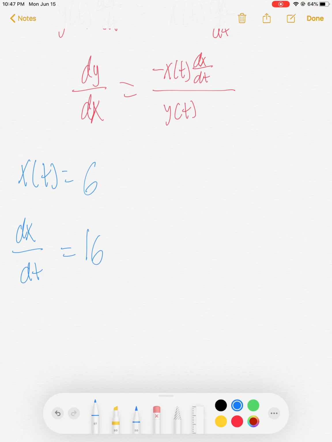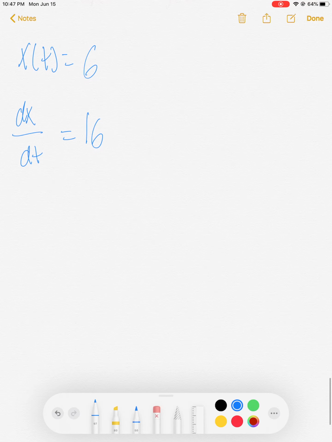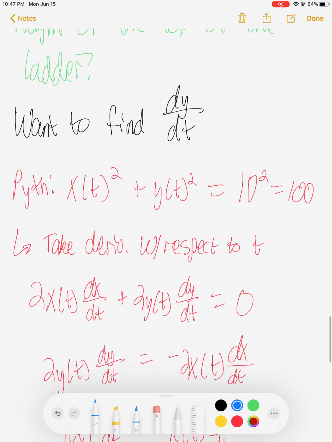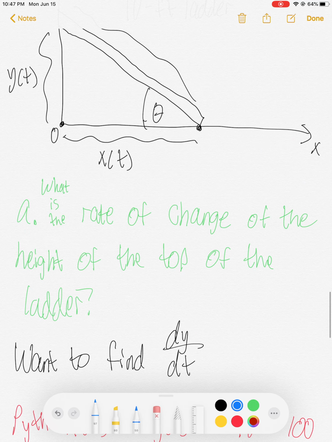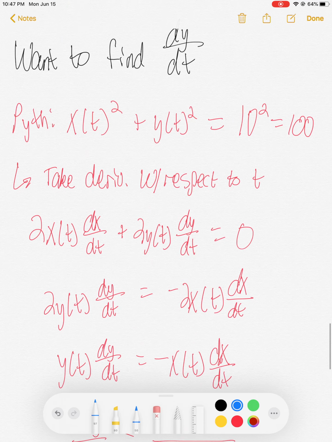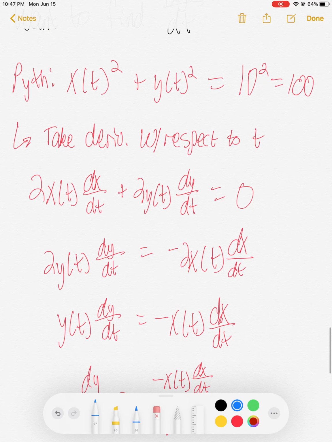Well, dx dt, the rate of change of this base, well, it looks like by the time the base is 6 feet away, the base is moving away at the rate of 16 feet per second. So that gives us our dx dt because that's telling us how fast this base is sliding away. So dx dt is 16.